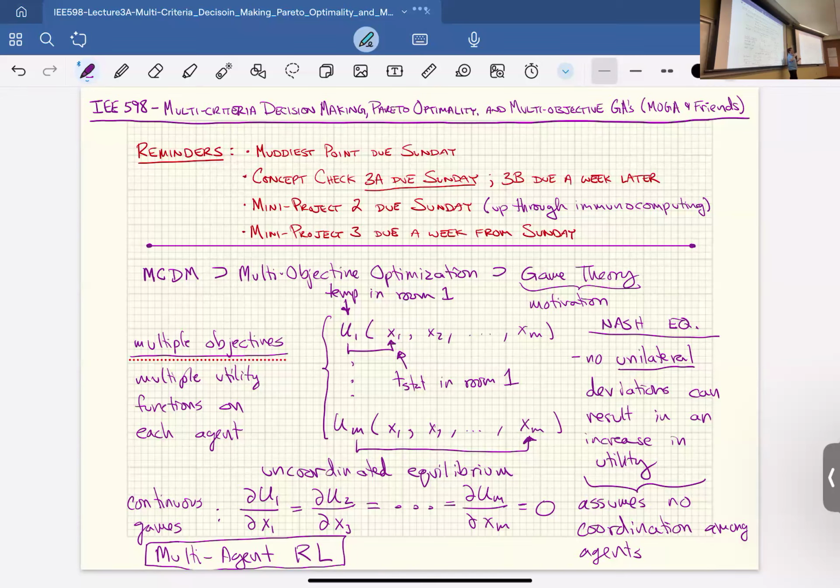So a Nash solution is not necessarily a good solution. If you've heard of the prisoner's dilemma, the all-defect solution is the Nash solution, although it's not necessarily the best solution if you could have coordination among the individuals.